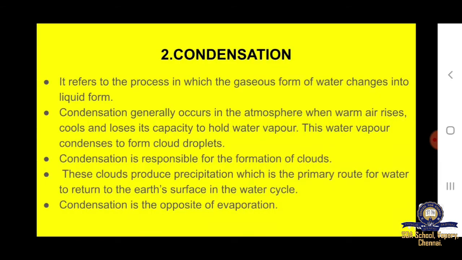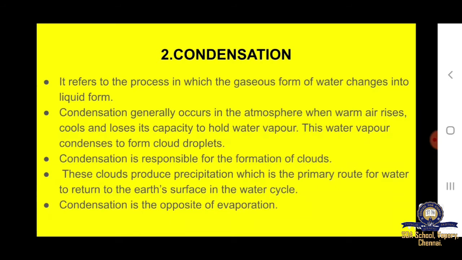Okay, now let's see the second component, that is condensation. Condensation refers to the process in which the gaseous form of water changes into liquid form. Condensation generally occurs in the atmosphere when warm air rises, cools, or loses its capacity to hold water vapor.